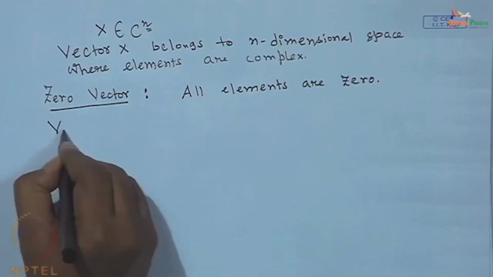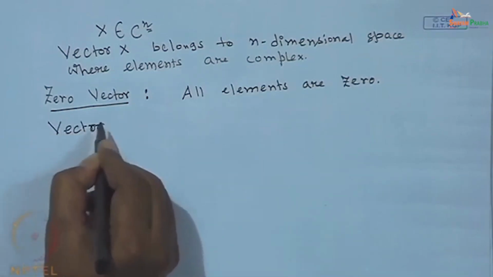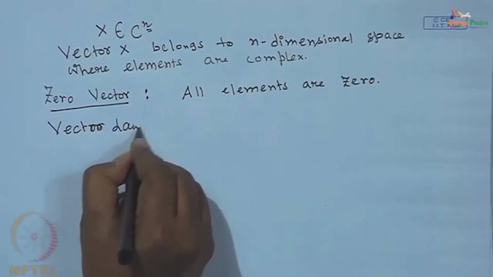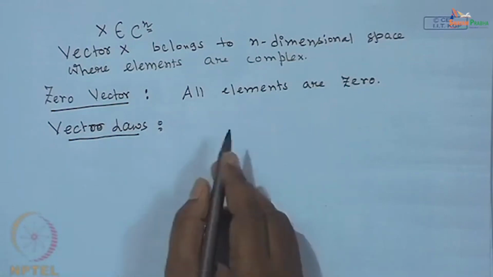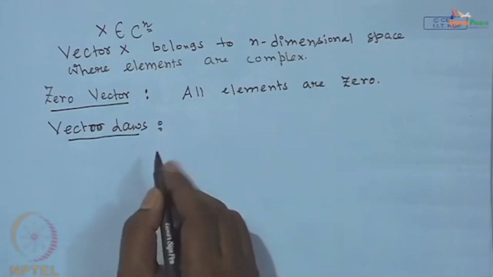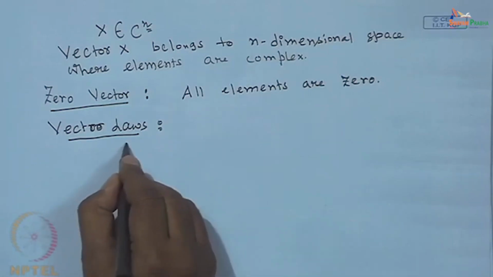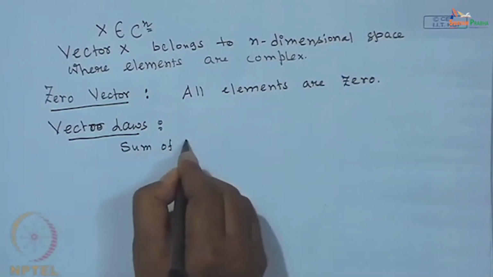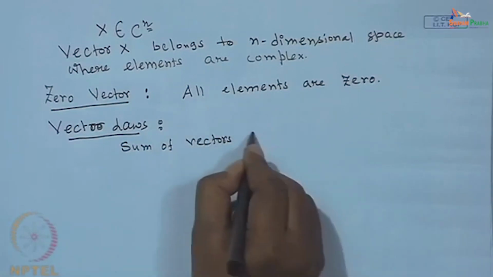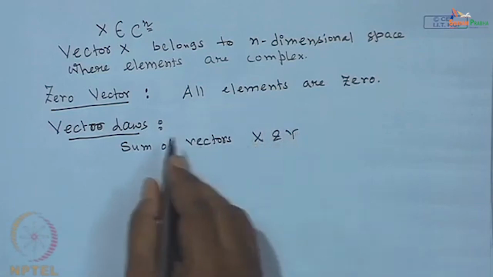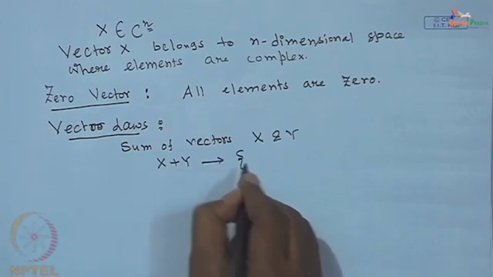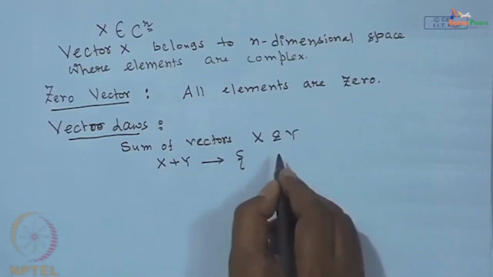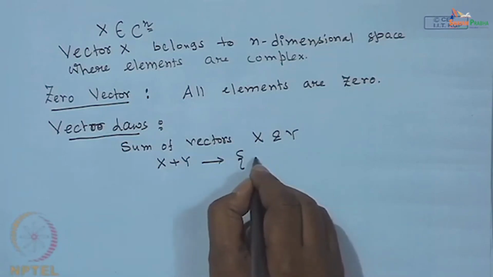Then let us refresh our earlier definitions of vector laws, which most of us have studied during your 10+2 days and maybe earlier also. The sum of vectors x and y, that means x plus y, is a new vector, and every element of the new vector will be constituted by summing the corresponding elements of the two vectors.